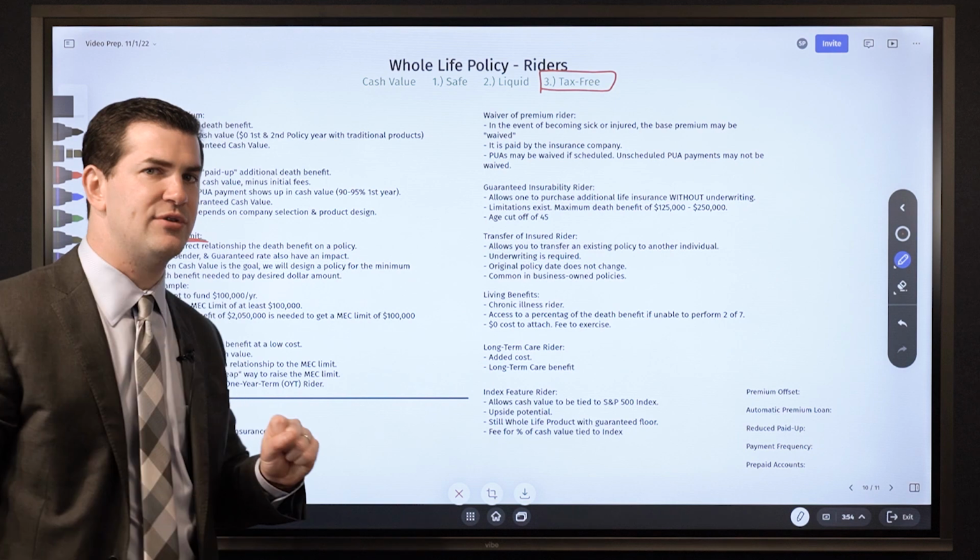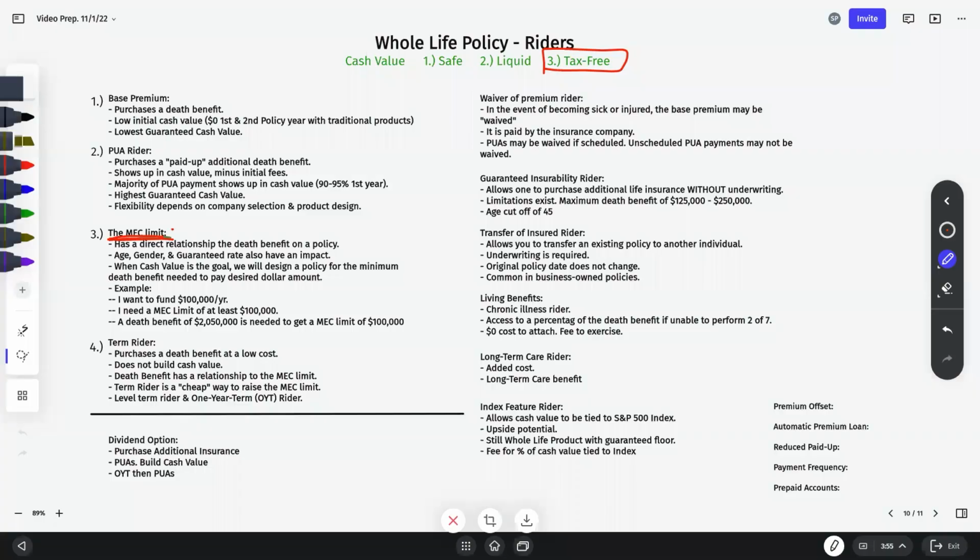If your policy becomes classified as a MEC, what happens is we have to deal with taxes. Specifically, with respect to the gains, anything you access, whether it's through a withdrawal or a policy loan, you've got to pay ordinary income tax on the gains. And if it's before age 59 and a half, you've got to deal with a potential 10% penalty tax. We don't want this to occur. It ruins everything.